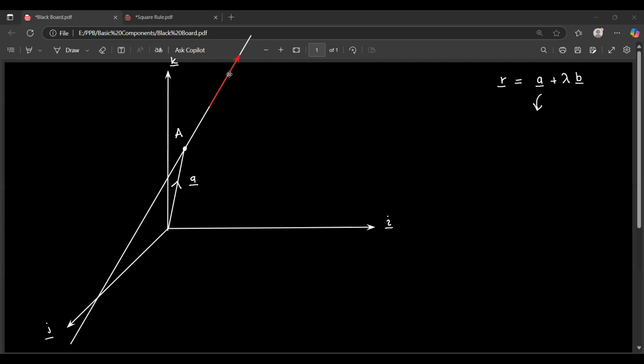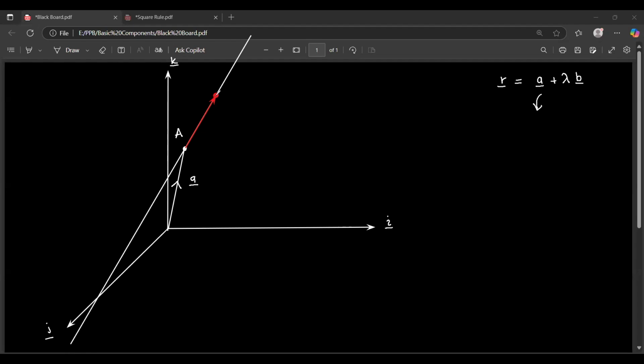So I can bring it to the center, and if I have the direction vector like this and I add it to the end of A, I can represent a point on this line.